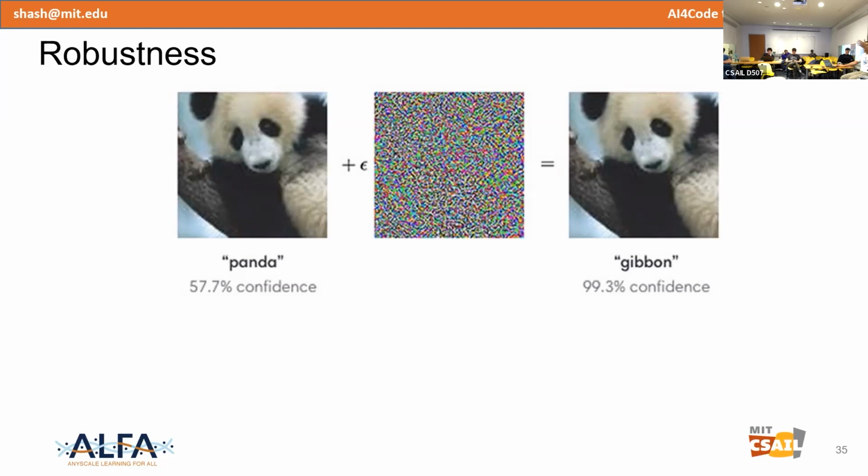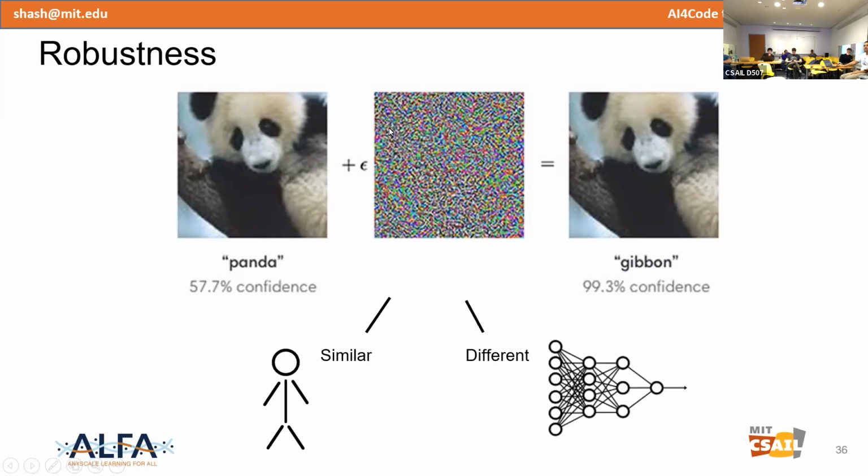So for us, the third image still looks like a panda, but the machine is completely fooled by it, and the classification is given with almost 100%. So the question then is, how do you learn this noise in a systematic way? The objective is that it looks similar to humans, but different to the model.